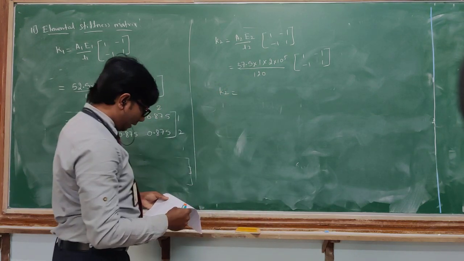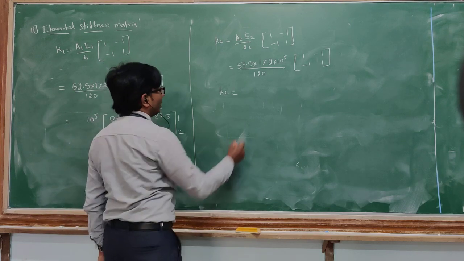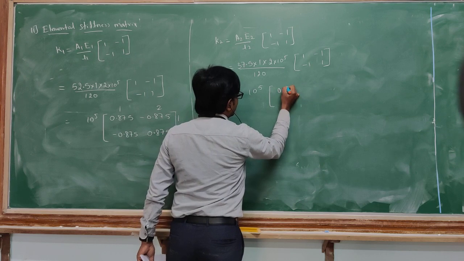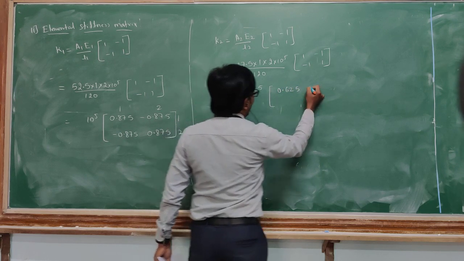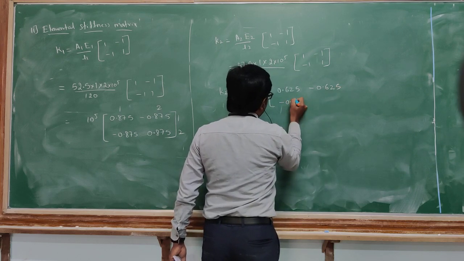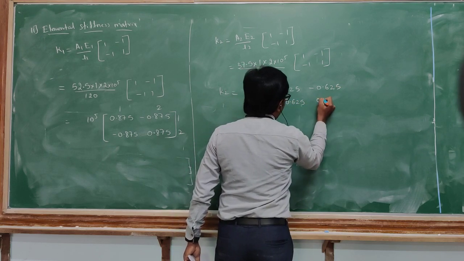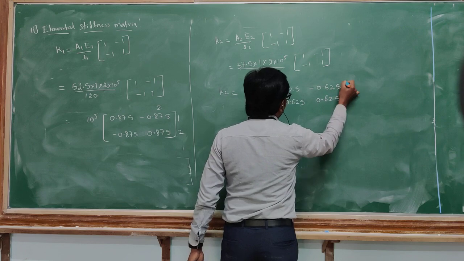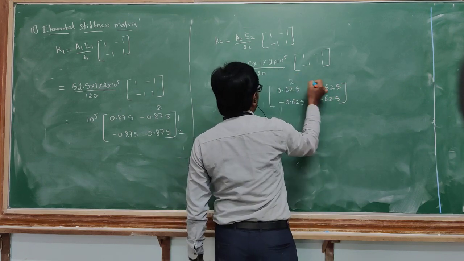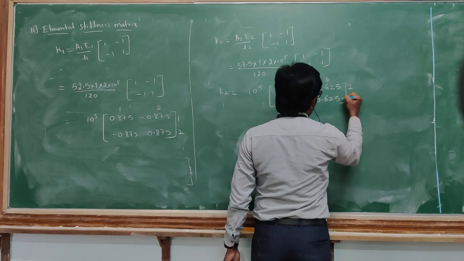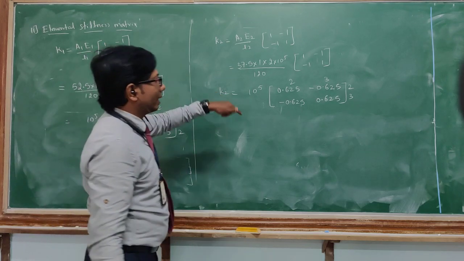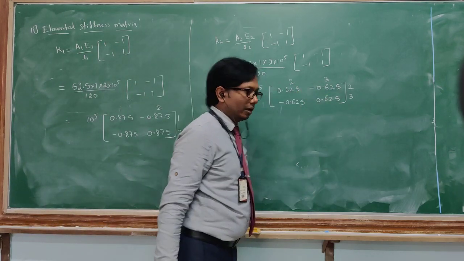You will get 0.625. Taking 10 raised to 5 outside, it becomes 0.625, minus 0.625, minus 0.625 and 0.625. This will relate to the second and third nodes. So that is how the nodes are related for the second element.